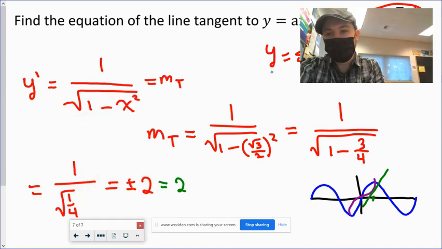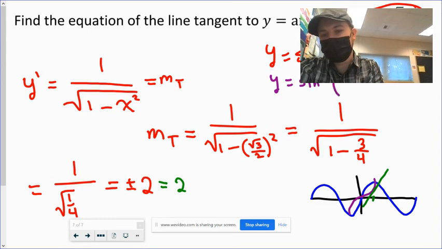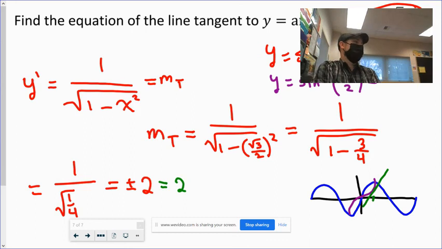So here we go. The output when x is the square root of 3 over 2 is the sine inverse of the square root of 3 over 2, which is what? Pi over what? You know this from your unit circle.